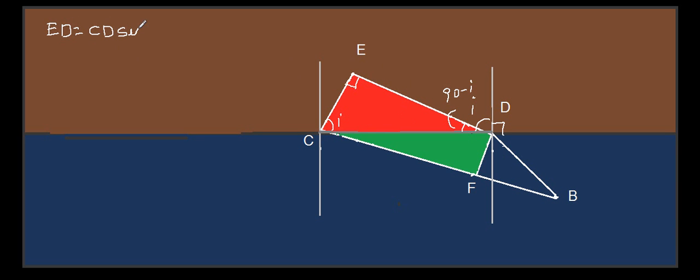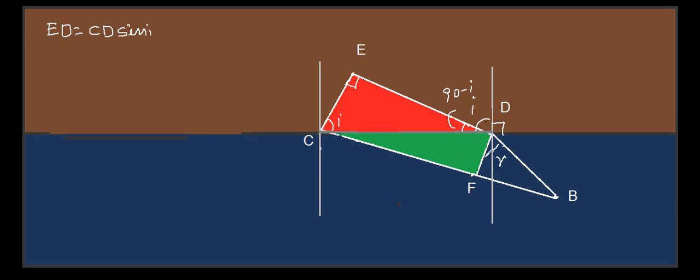And DB is the refracted ray and this is the normal. The angle between these two rays is called the angle of refraction, that is R. Since the points C and D are very close to each other, these two angles must be equal.